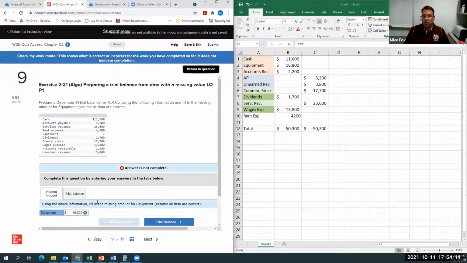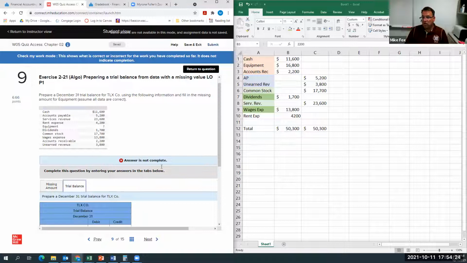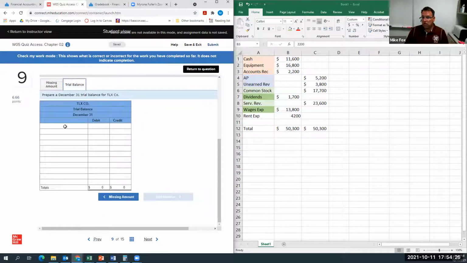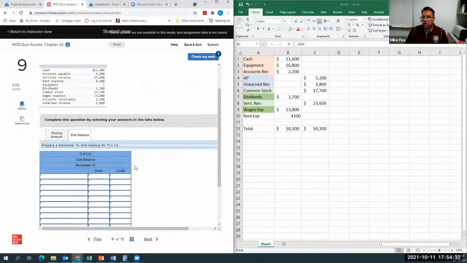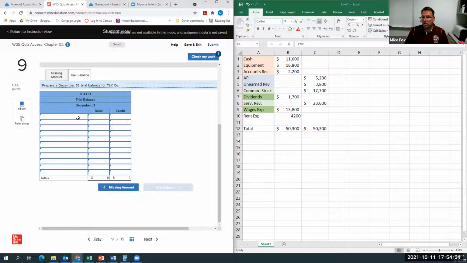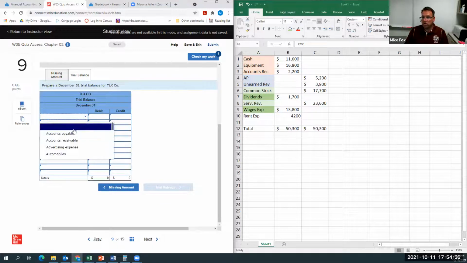So even if you've been doing it a long time, it's easy to make a mistake, easy to miss certain things. The nice thing is now I'm really set up to just do the trial balance. So the trial balance is here. Oh, I have to return to the question. Here's our trial balance. I'm going to start with my assets.